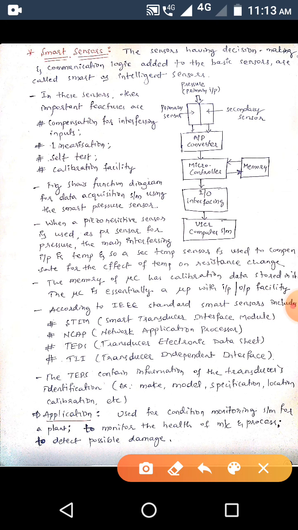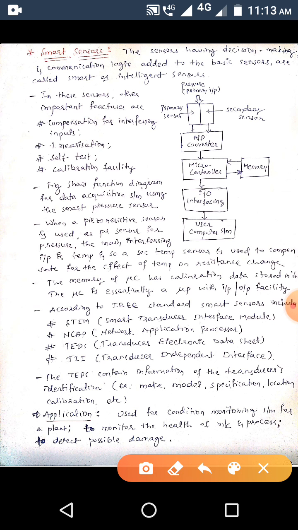How much data is going to transfer from one interface module to another interface module? That is what they have considered here, STIM to NCAP. Okay, so the 10-wire serial IO port is used to calibrate the data transportation from one system to another system.